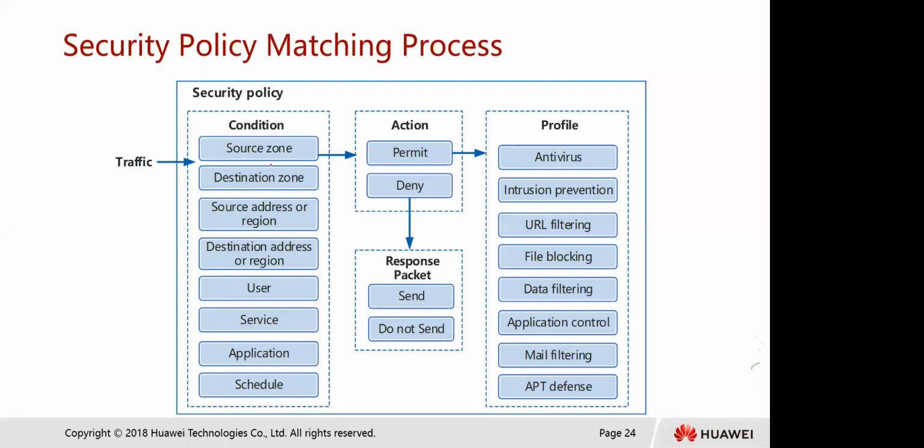And if traffic matches a security policy, then our next generation firewall performs the actions that you defined in your policy on the traffic. So if the action is deny, the next generation firewall blocks the traffic, and if the action is permit, then the next generation firewall checks whether the policy references a profile.